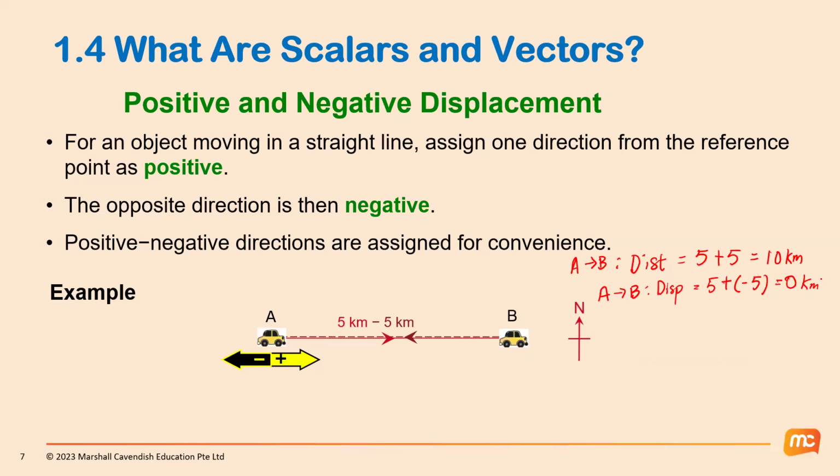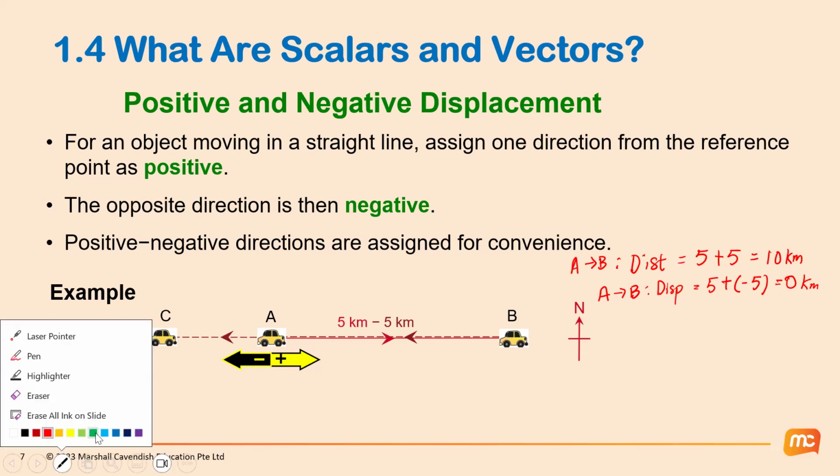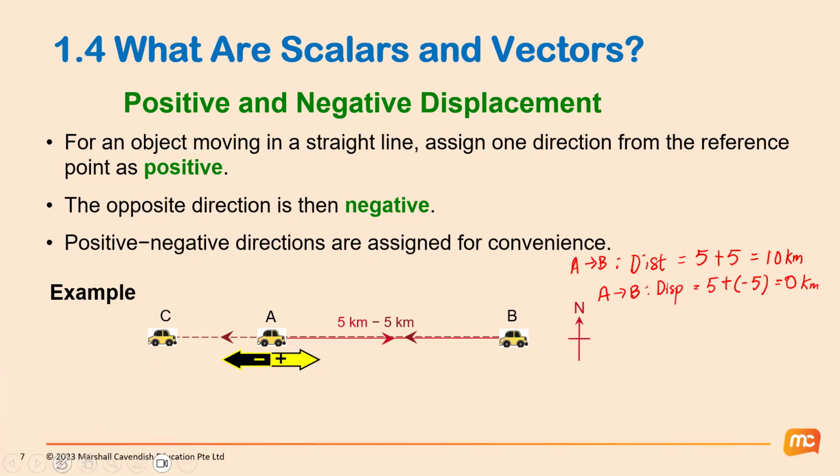Okay, but now let me add on. So I move from A to B and then to C again. So C now is in the opposite direction from the starting point. It's moving to the left. So if I were to use my formulas again, let me just jot down over here.